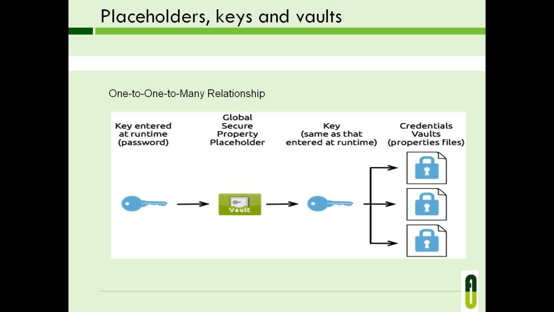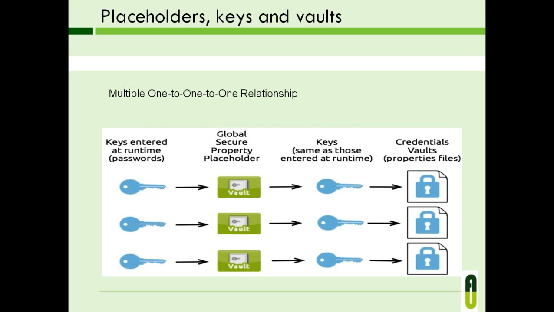Next one is multiple one-to-one-to-one relationship. In multiple one-to-one relationship, each key decrypts the properties in only one property file. Unlock and decrypt at runtime with multiple keys. You can see here separately only one key decrypts the properties file.